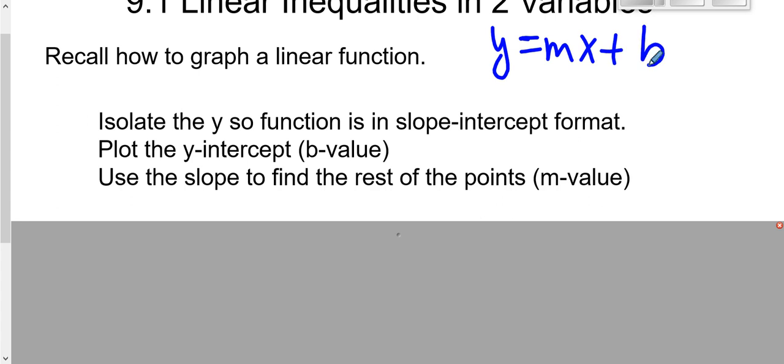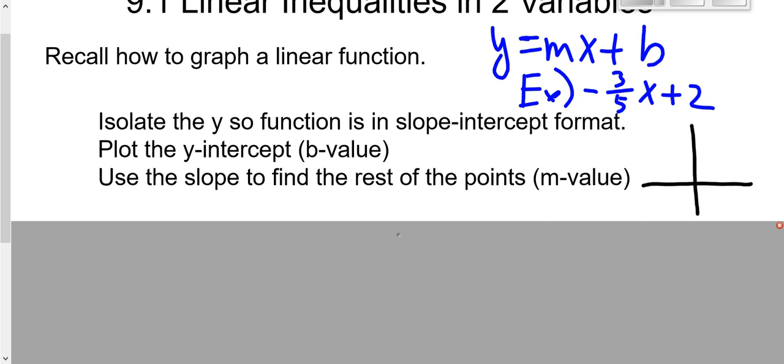Right? A random example of this would be y equals negative 3/2 x plus 2, and the graph would look like this.